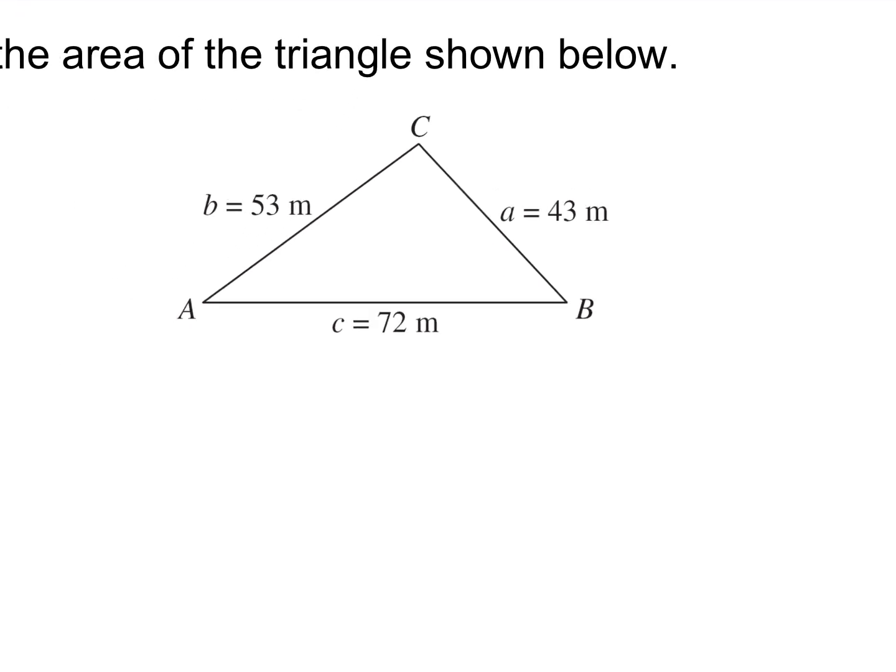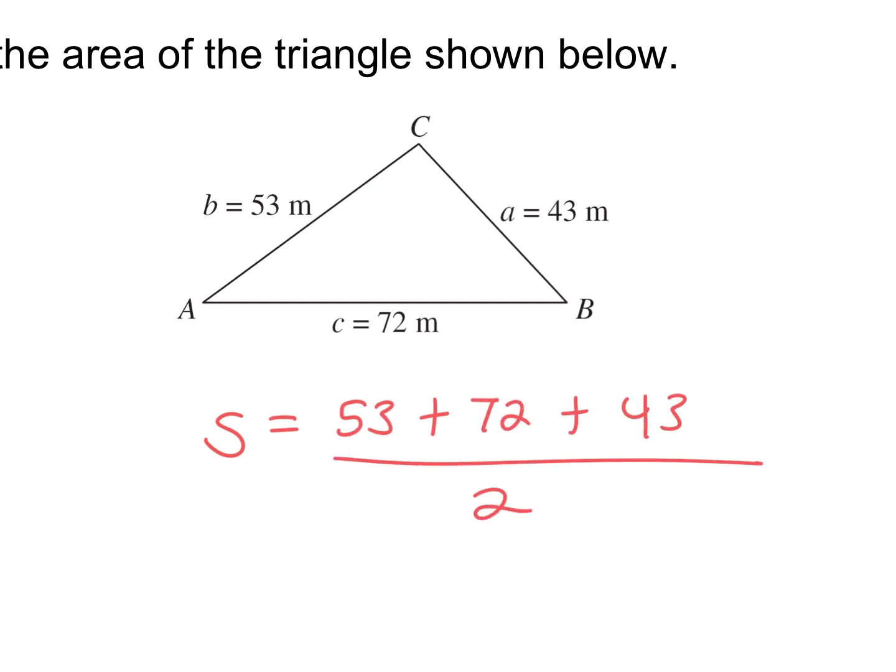So Heron's formula says to take the 3 sides and do what first? Add them together and divide by 2. Here is the big deal, guys. Does it matter which you put where? No. But understand, you have to tell the calculator, hey, calculator, add all the stuff in the numerator first, then divide by 2.